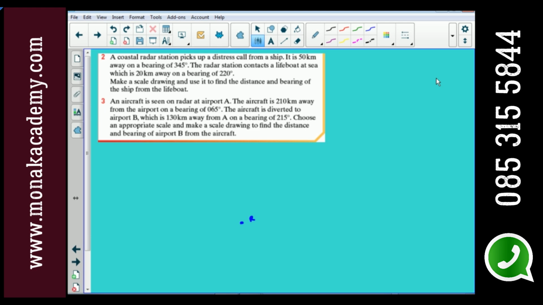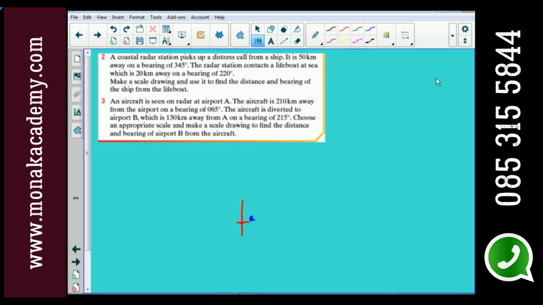It is 50 kilometers away on a bearing of 345. So it's a bearing of 345 from the station. That ship is 345 from the station, so we're going to draw from the station. That's where we're going to have our compass.